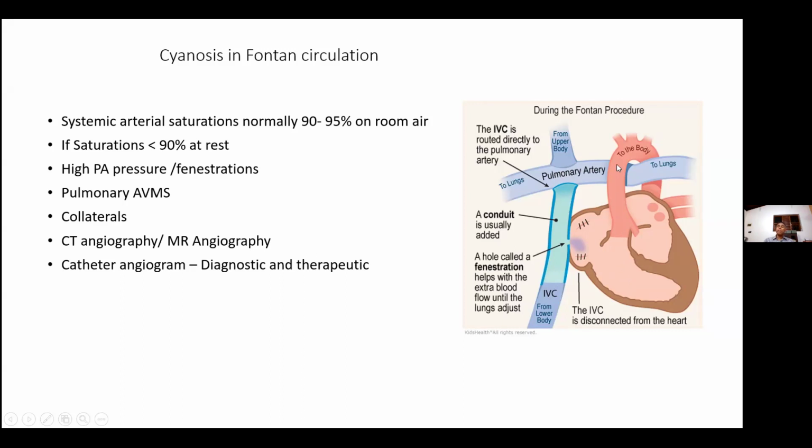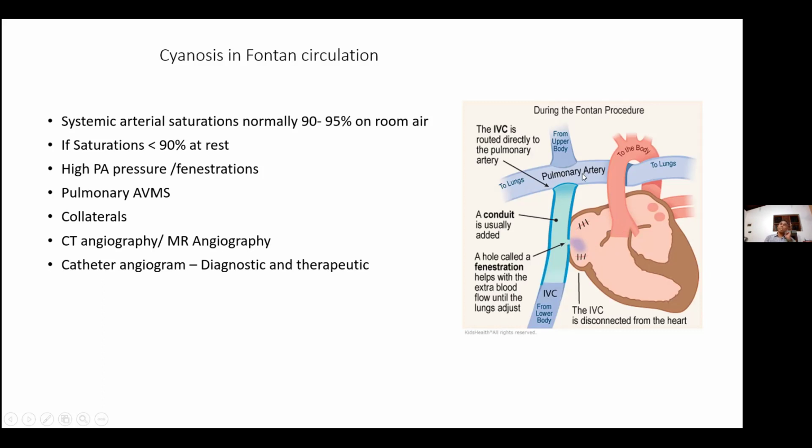So the saturated blood coming from the pulmonary vein is going directly into the aorta. The unsaturated blood is coming into the pulmonary artery directly rather than going through the ventricle and mixing with the other saturated blood. So surgeons leave a hole here.